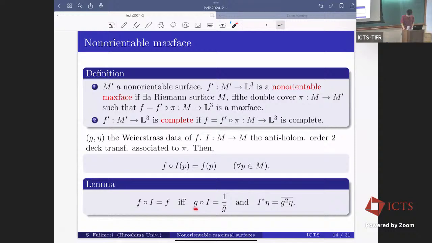The composition of G and I is 1 over G bar. In the minimal surface case it was 1 over minus G bar, but now just 1 over G bar. So not the antipodal point. And the pullback of eta by I is now the conjugate of G squared eta. So again, we don't have minus here.